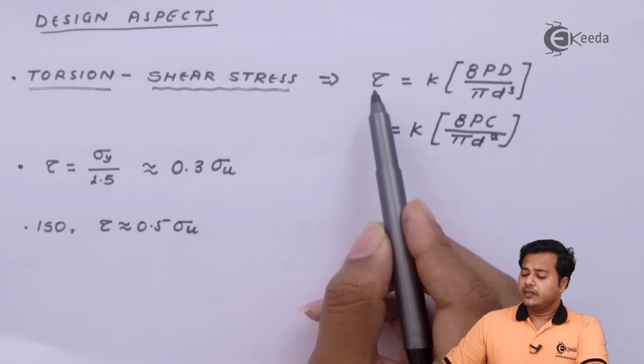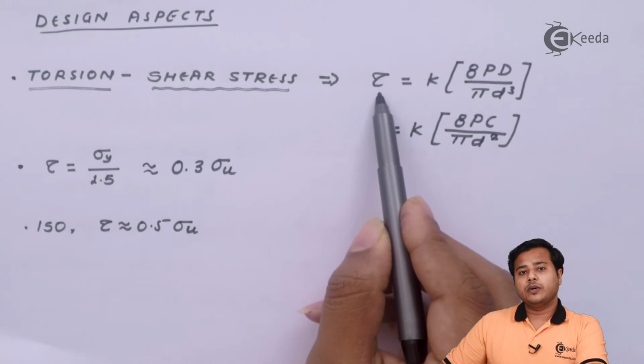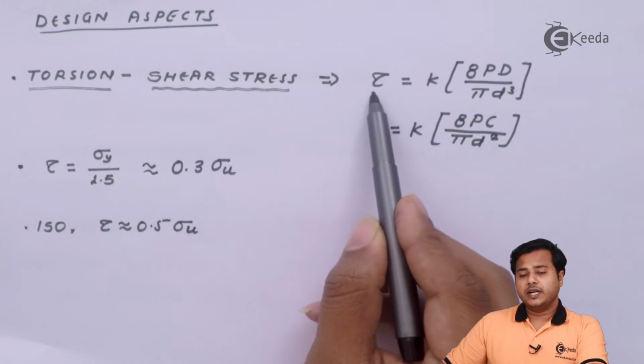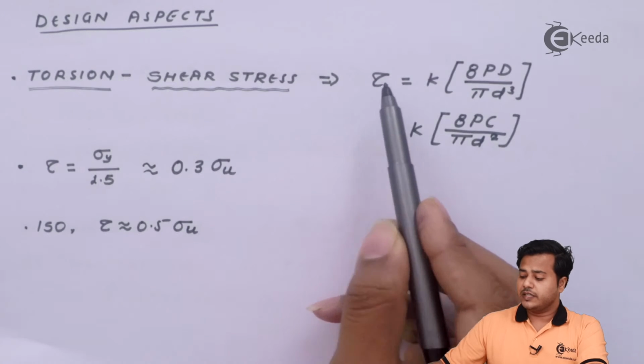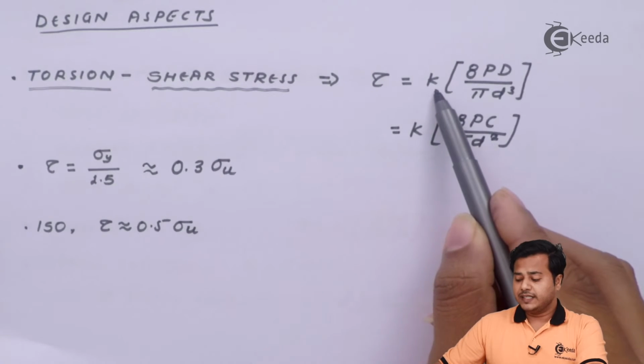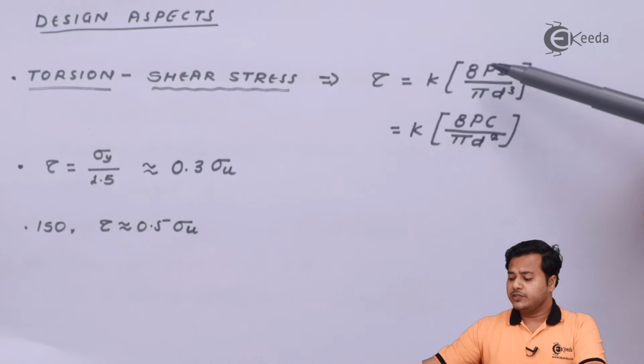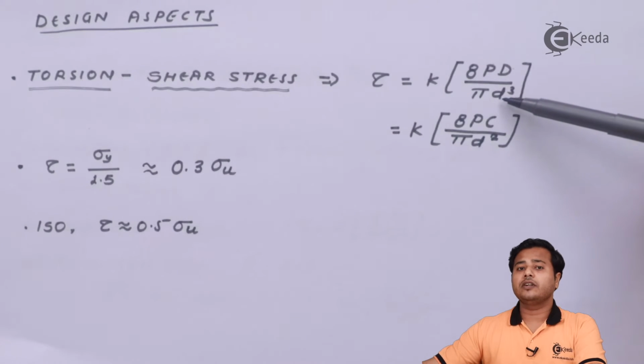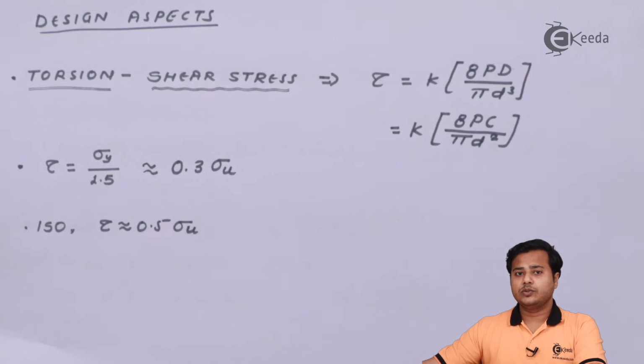We already know the formula: the induced stress is given by Wahl's factor K, into this particular empirical relation where the applied load, the nominal or mean diameter of the spring coil, and the diameter of the wire are used.